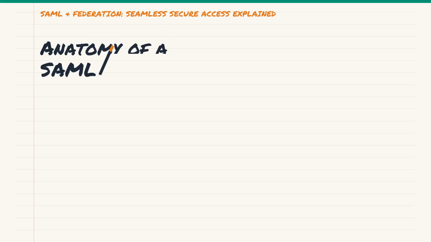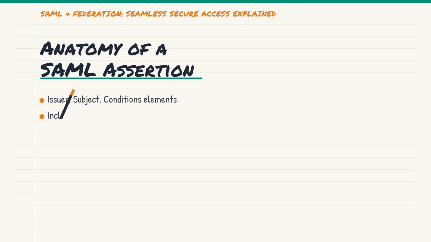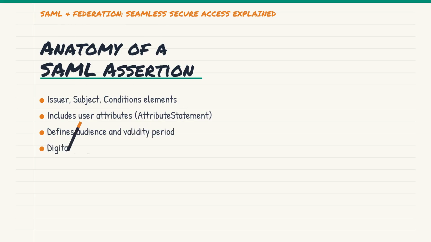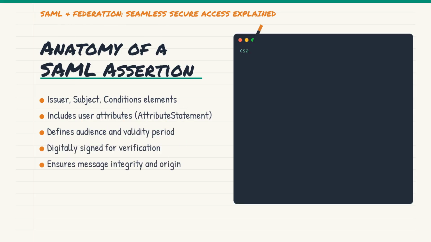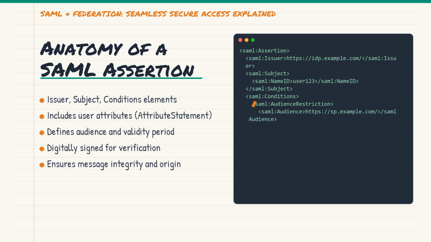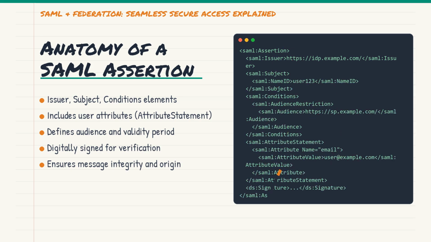Let's peek under the hood of a SAML assertion. You'll typically find an issuer element, which is the IdP that issued it. The subject element describes the user, often with a name ID and format. Then there are the conditions, like the audience, which SP it's for, and validity periods. The core statements are usually within SAML assertion tags, and can include a SAML attribute statement for user attributes like email, department, or group memberships.